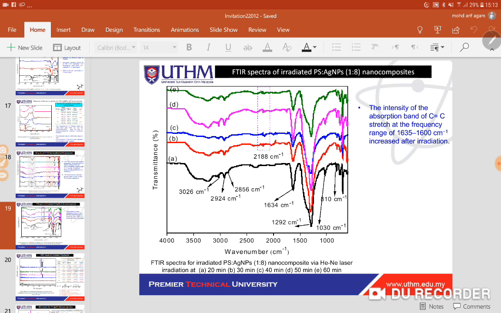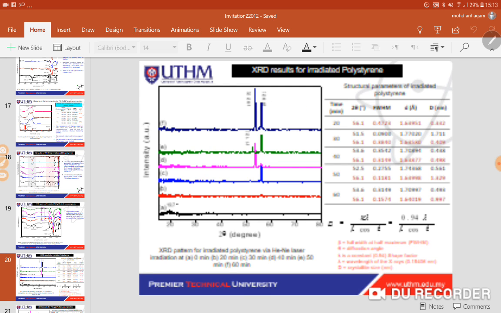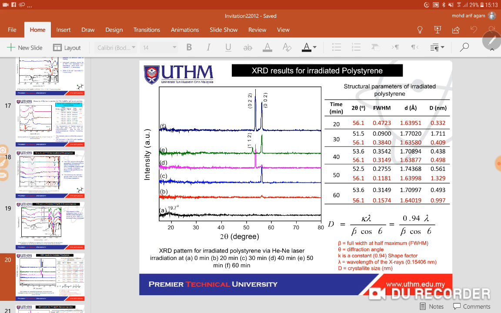This is interesting because somehow by laser irradiation we are tuning the properties of polystyrene.